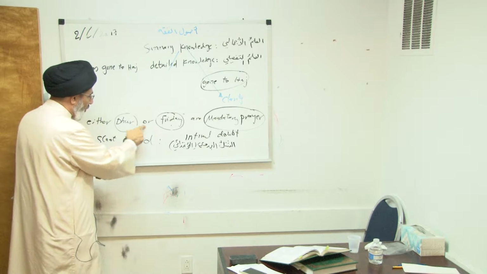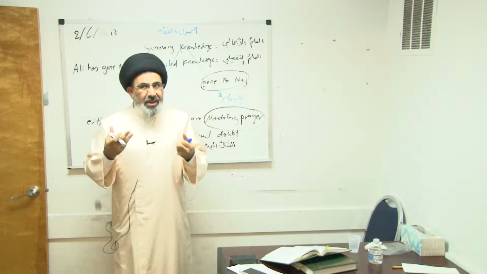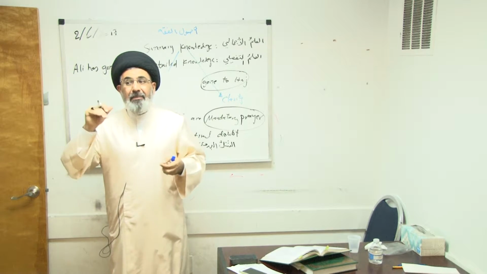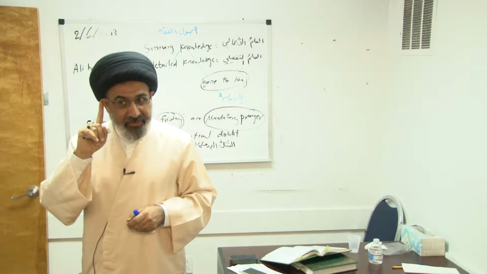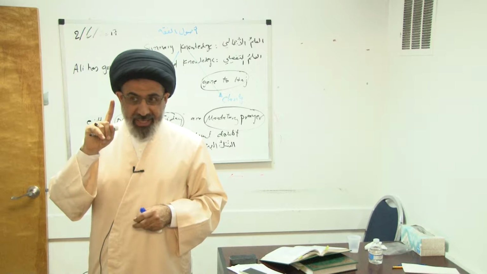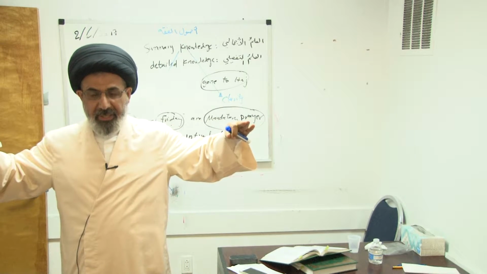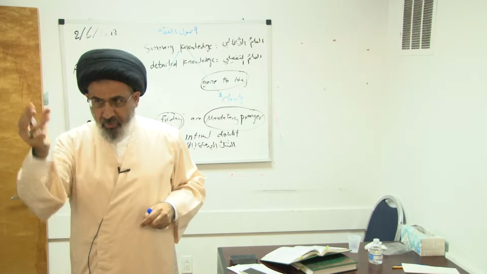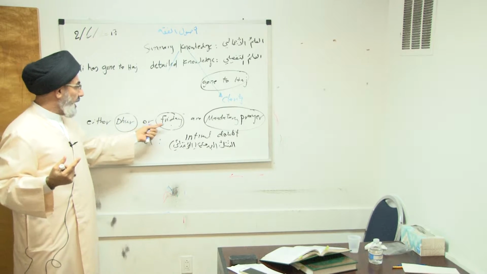See, either or. There is some level of inkishaf in this, though it's not 100%. It's not 100% revelation, but let's say 40%, 50%. This could be the wajib or that could be the wajib.